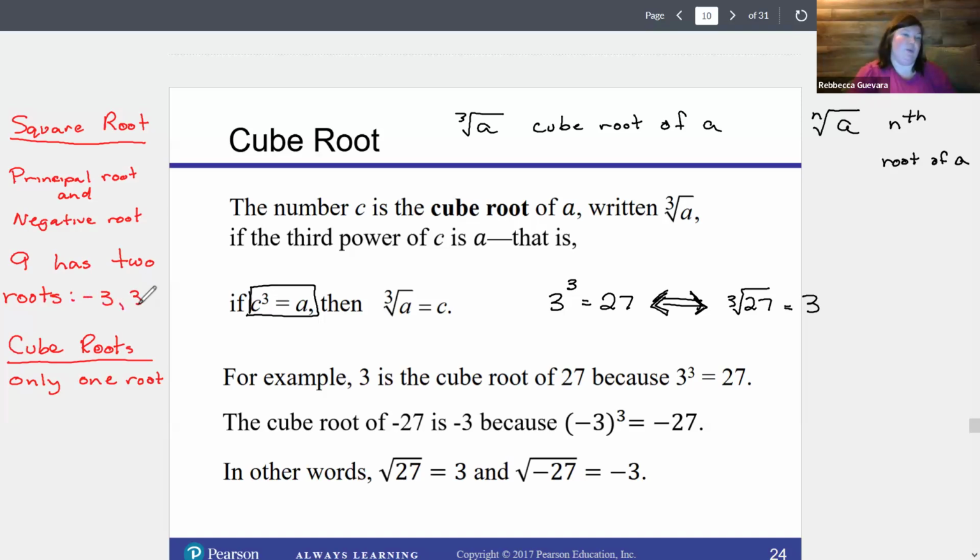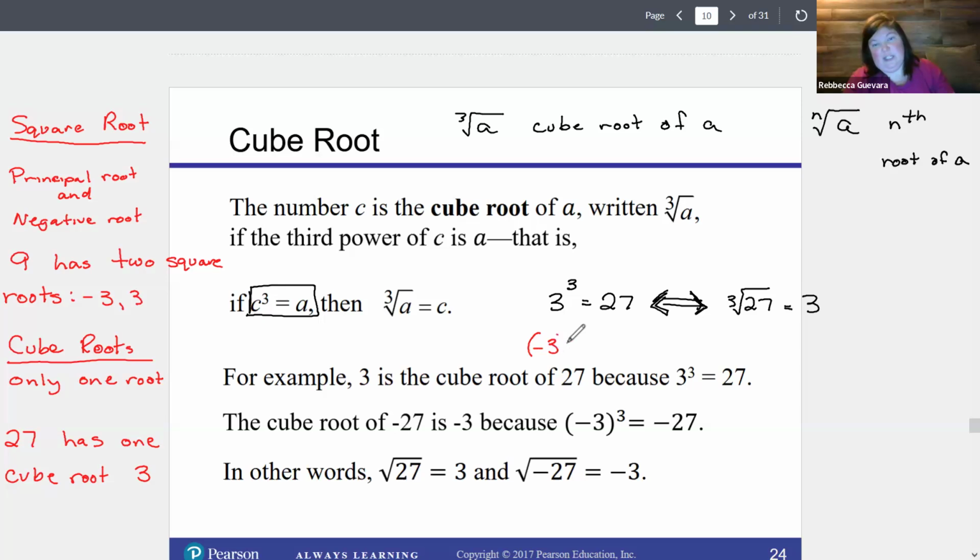So either one of them, if I square it, gives me 9 back. In the case of cube roots, well, 27 has one cube root. And that cube root is just going to be 3. Because like we said here, 3 cubed is 27.